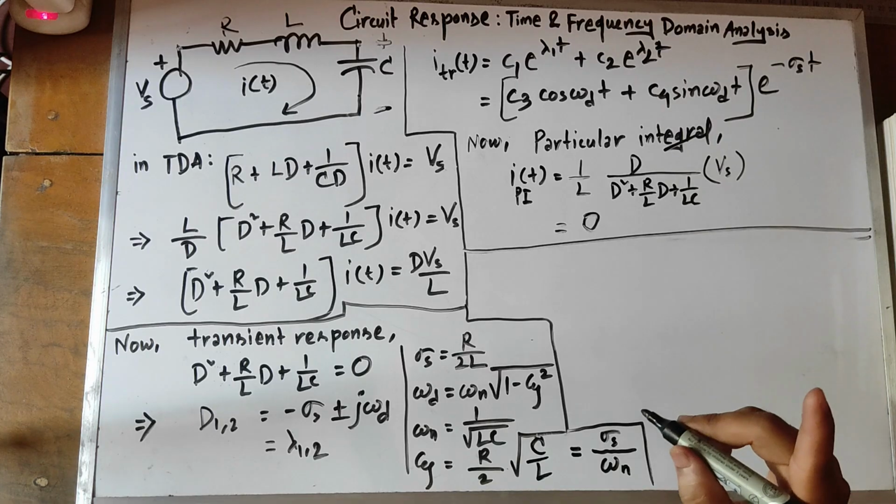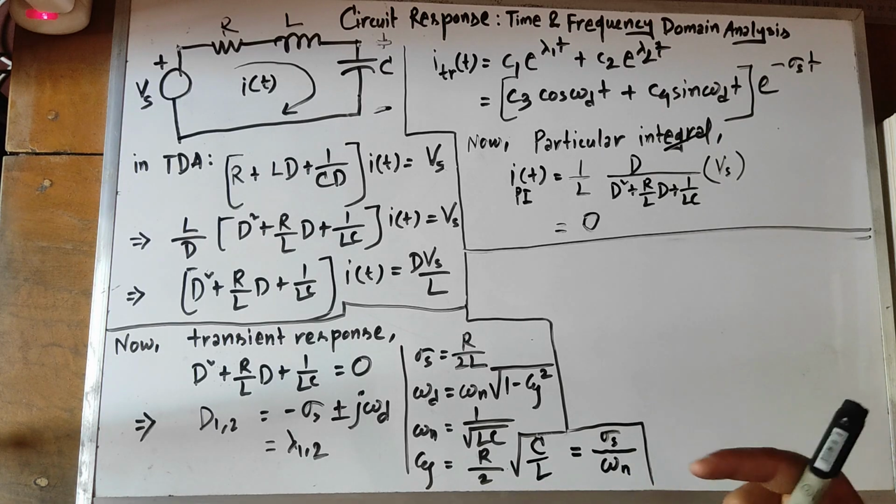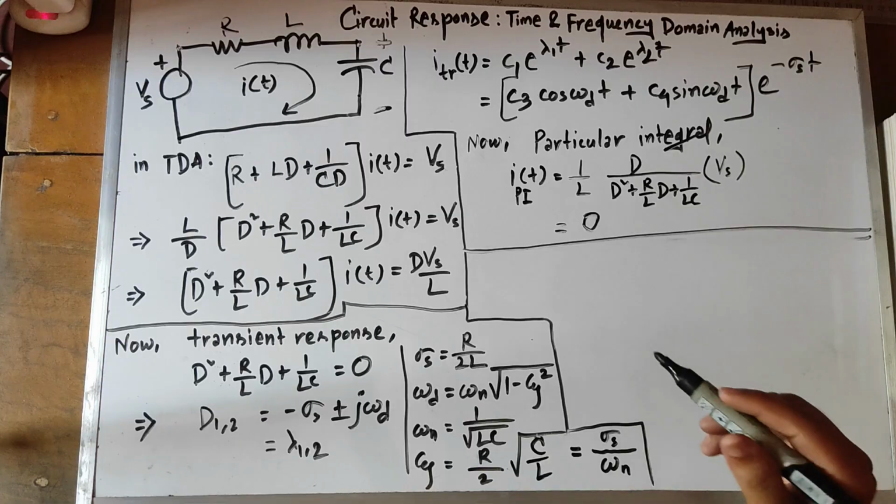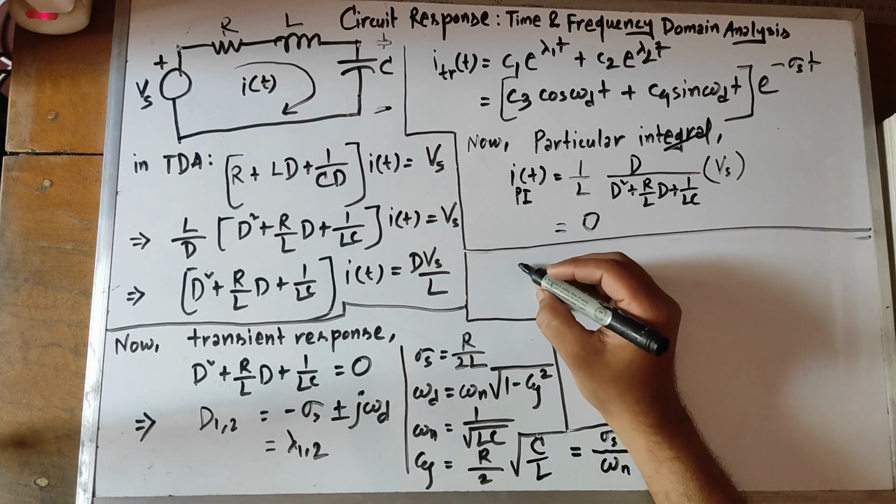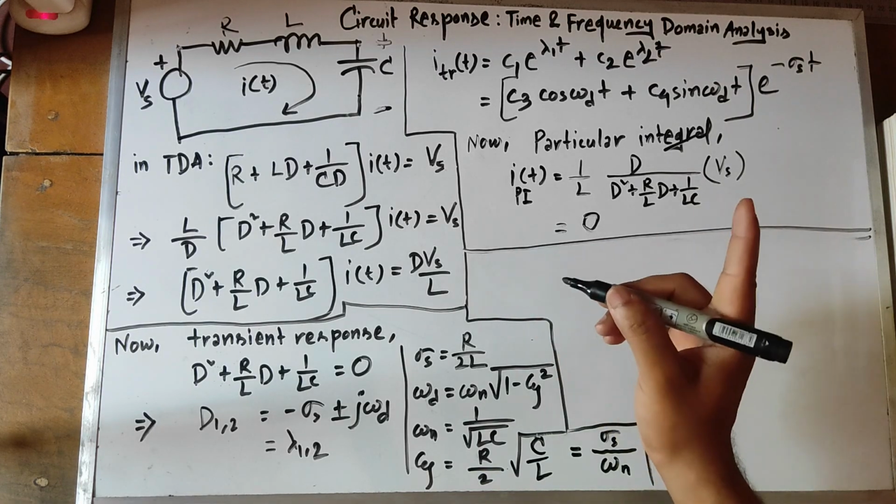Now I'm going to find the arbitrary constant C4. For that, I'm going to find the voltage across the capacitor.